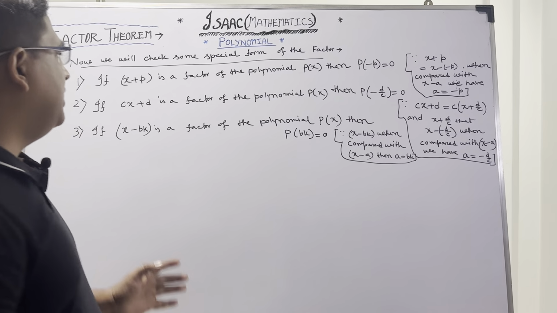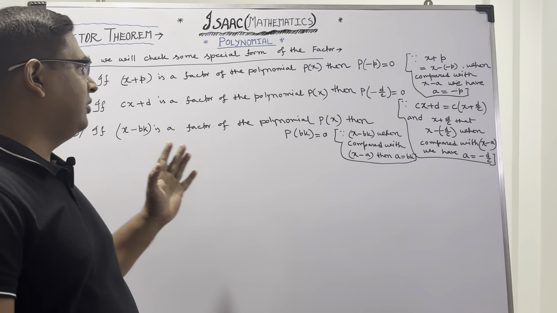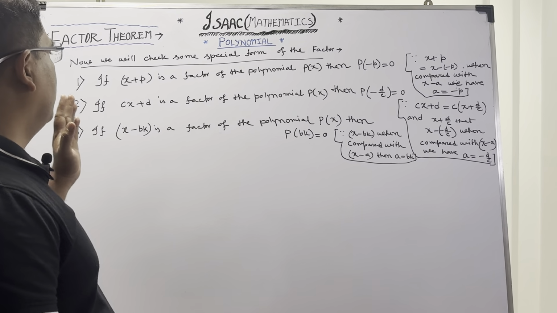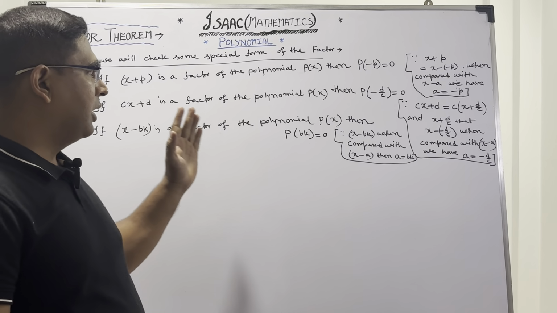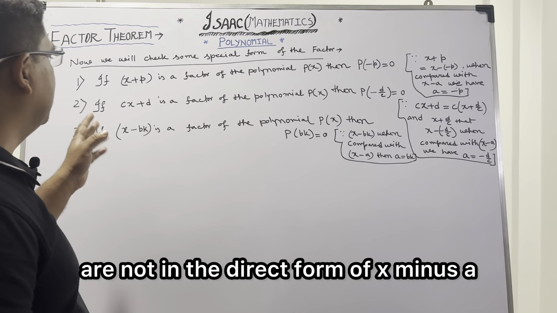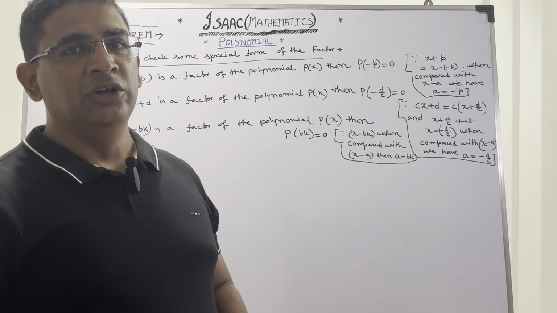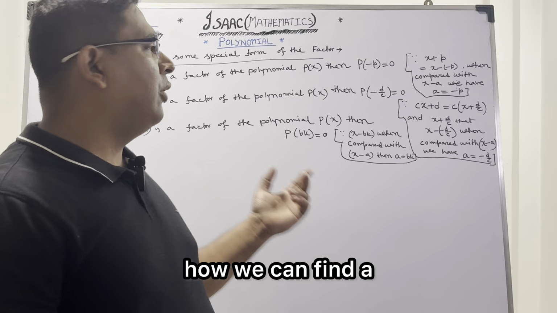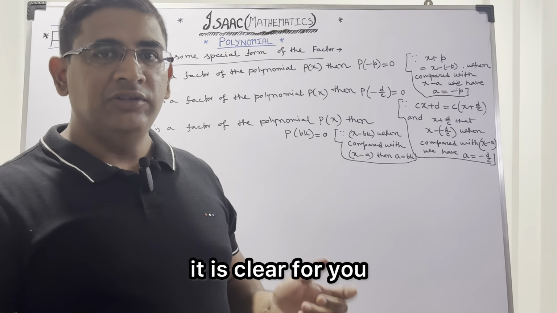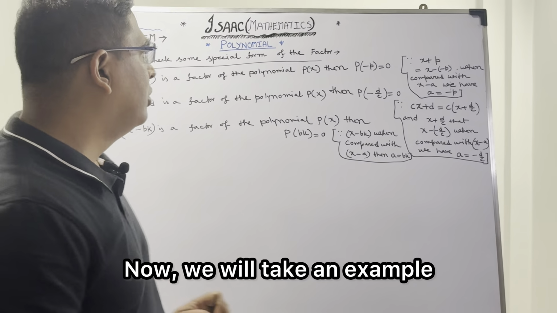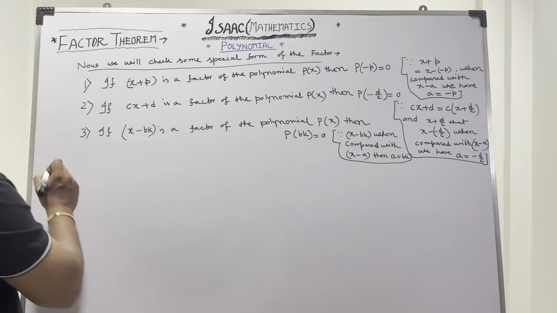So these are the three general cases which are not in the direct form of x minus a. So in those cases, how can we find a? Is it clear for you? Now we will take an example.